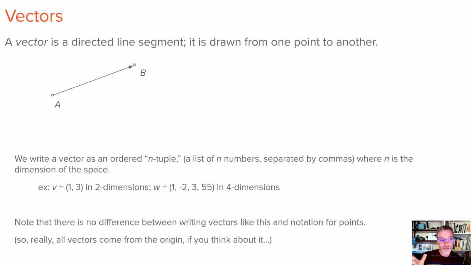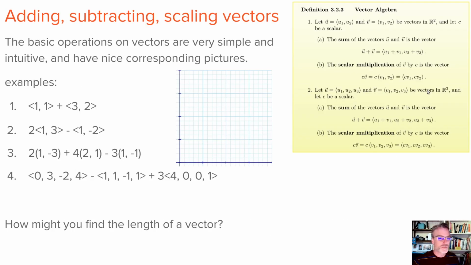If you want to find the length of a vector, you would just take the point at which it starts and the point it ends and find that distance. Okay, so let's look at that a little bit more. We could draw, for example, these points, 1, 1, and 3, 2, 1, 2, 3, 2. So if I treated these ordered pairs as points, that's what it would look like.